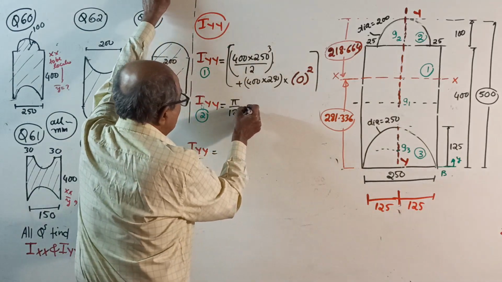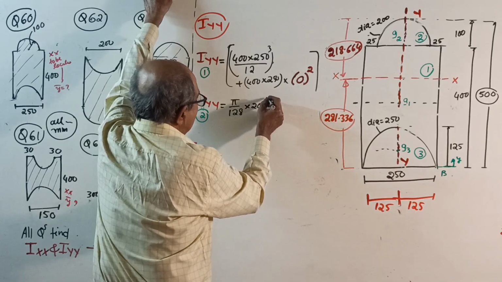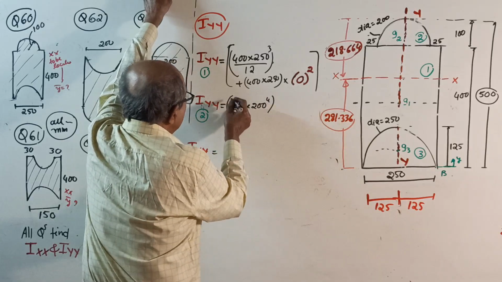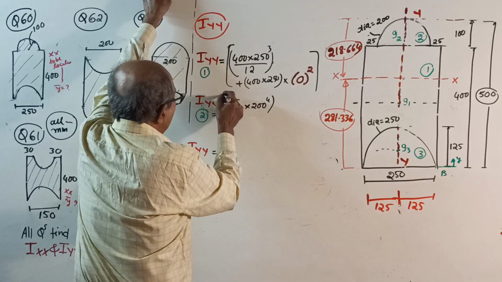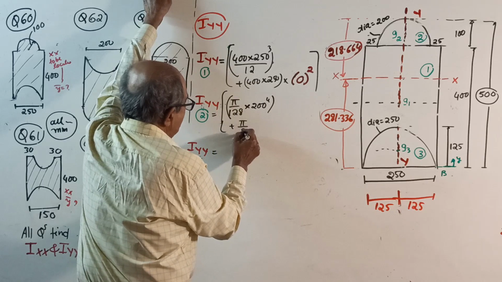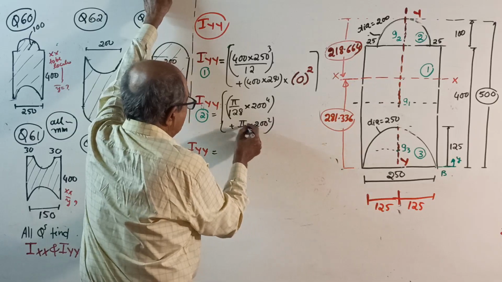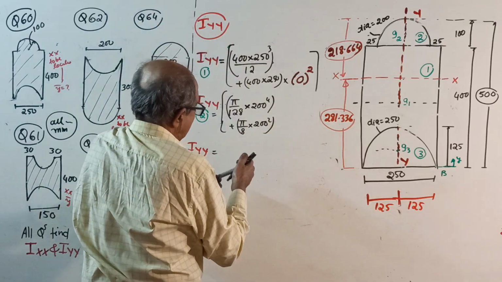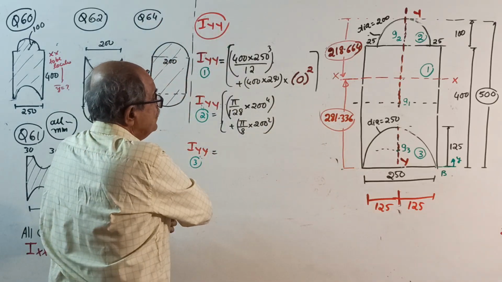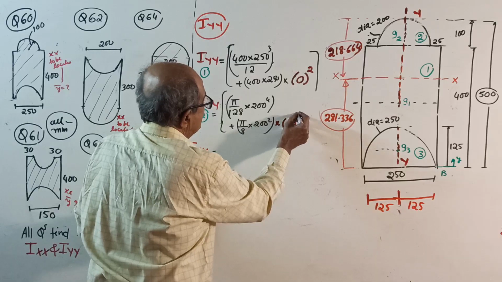I got problems, my knowledge is limited, I get confusion. Into 200 power 4, plus pi by 8 of how much, 200 square, into once again 0 square. Actually when it is 0 square, you need not write it.